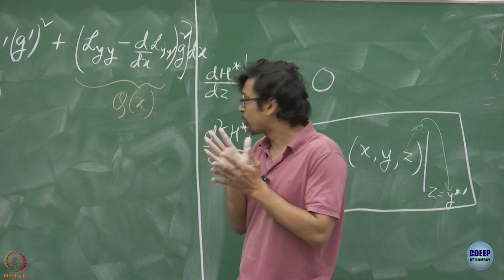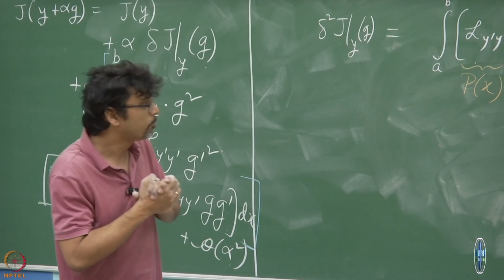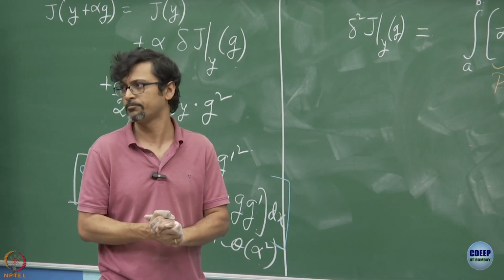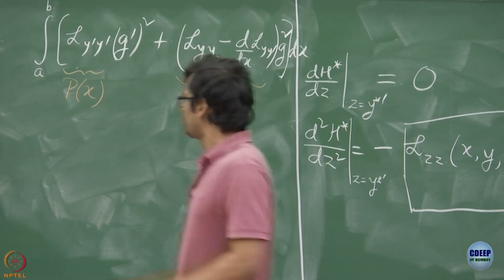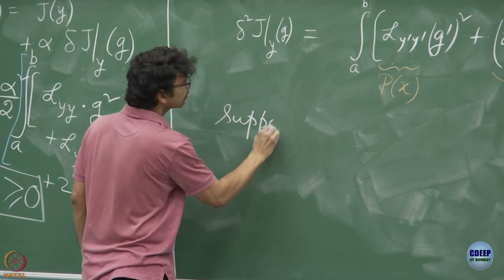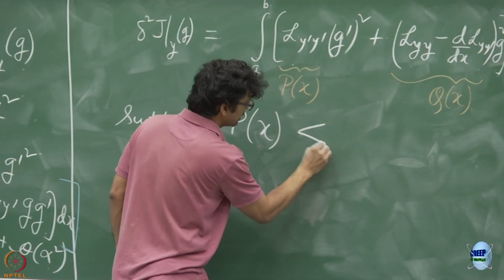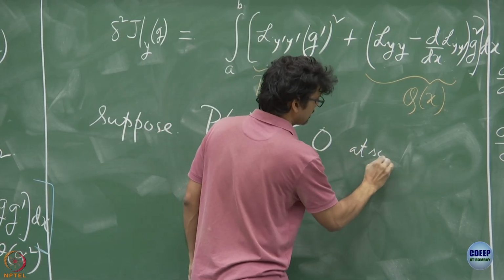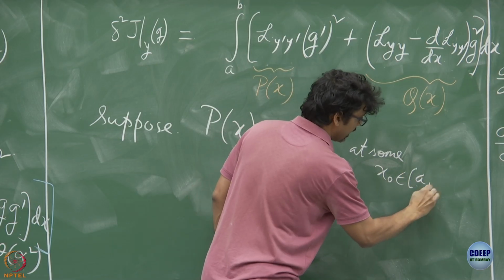The only sacrosanct thing that we know about this situation is that this must be positive for all vanishing continuously differentiable perturbations. So, I am saying, let us assume the following situation. Suppose P of x is less than 0 at some x naught belonging to the interval a to b.